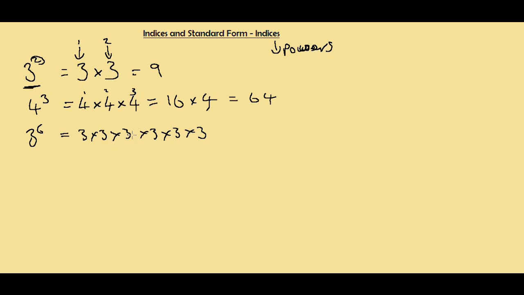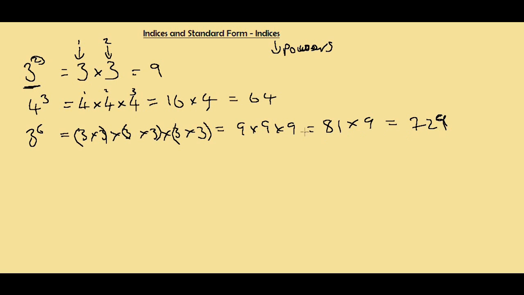So 1, 2, 3, 4, 5, 6 3's all multiplying themselves. We could work this out as well: the first 2 3's, the second 2 3's, and the third 2 3's. So that's 9 times 9 times 9, which is 81 times by 9, and 81 times by 9 works out to be 729.